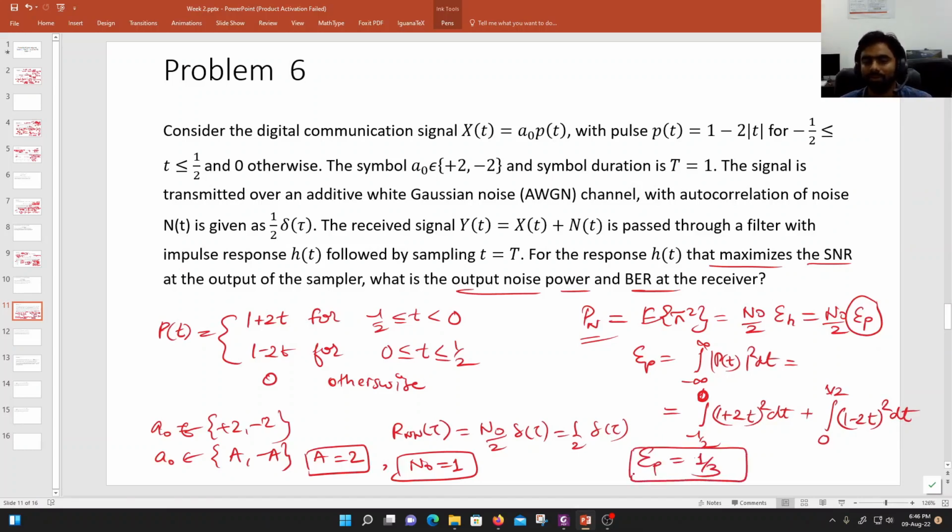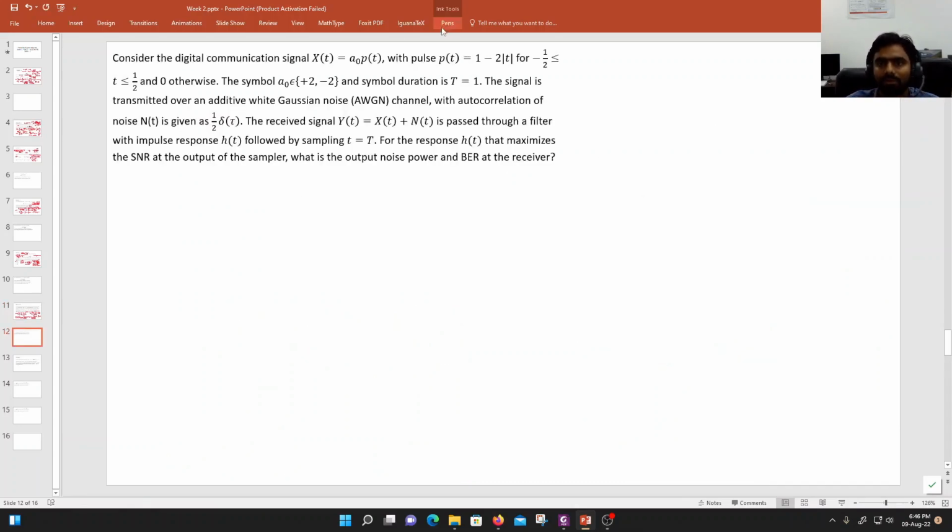Okay. So what we got now? We got the energy of pulse E of p as 1 by 3, N naught as 1 and A as 2.